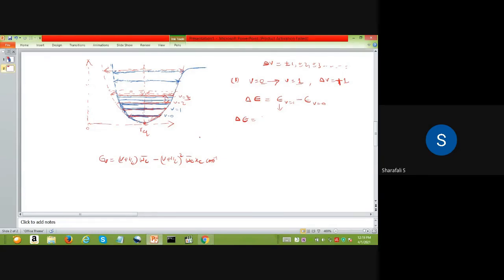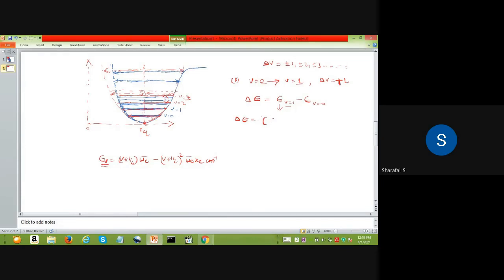When you consider the energy associated with each energy level for the anharmonic oscillator, we have to take the difference between those energy levels. So let's consider V equal to 1 first. V equal to 1 is the higher energy level, minus the lowest energy level, we have to take this case.